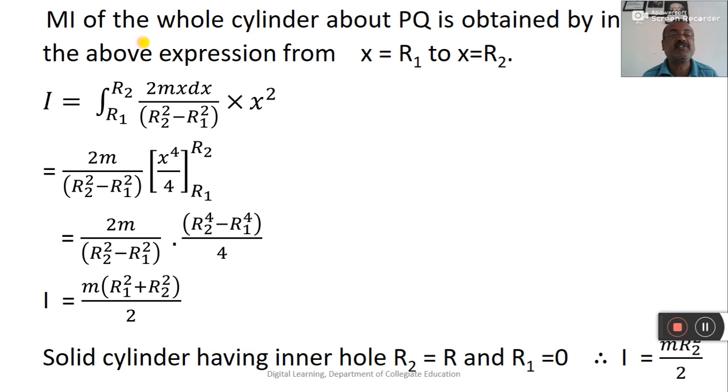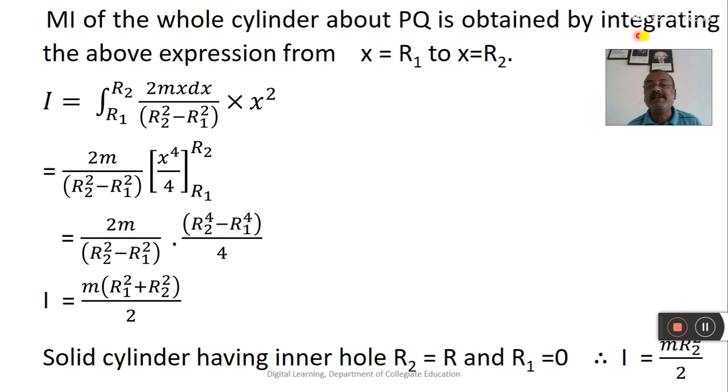The moment of inertia of the whole cylinder about PQ is obtained by integrating the above equation from x equal to R1 to x equal to R2. Here R1 is known as the internal radius and R2 is known as the external radius.